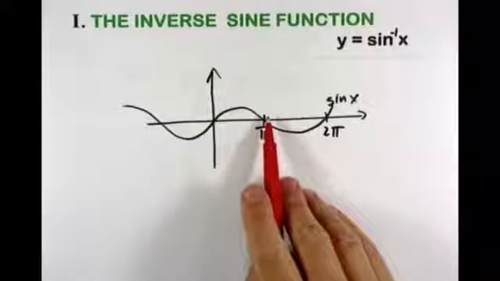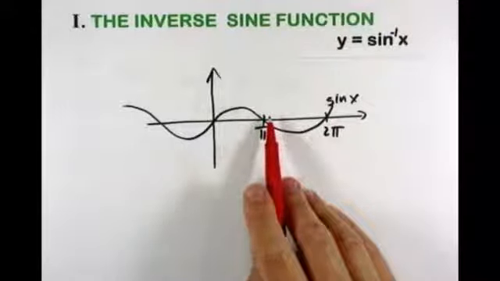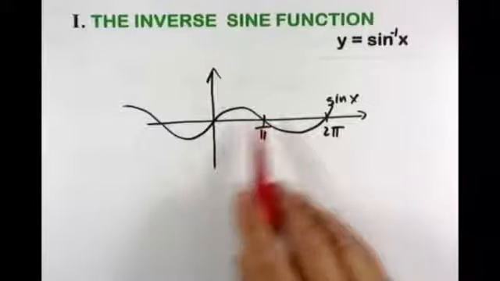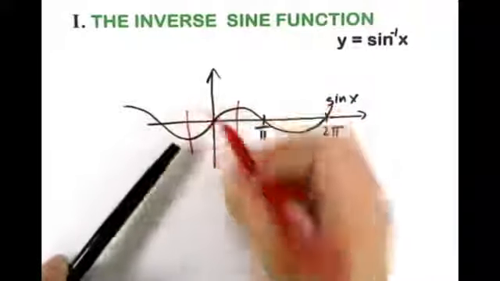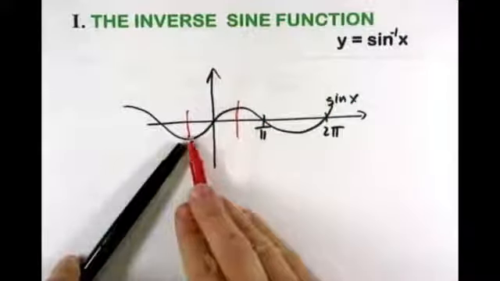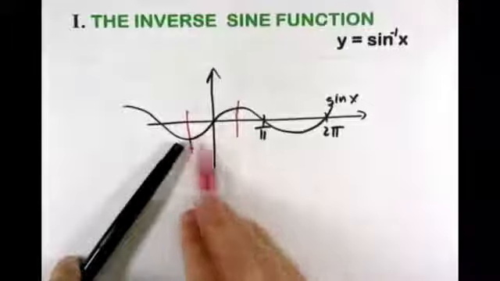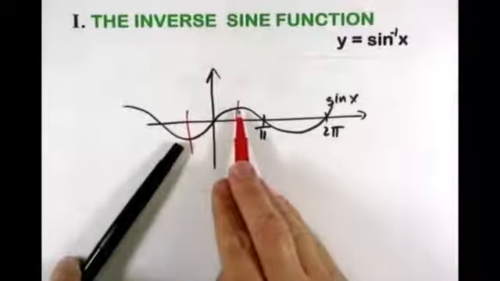So we do need to restrict. We need to cut one part and have a one-to-one function. So if I cut right here and right here, this part is one-to-one, because any horizontal line crosses the graph at most once.